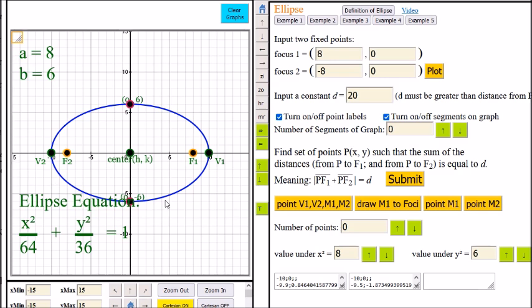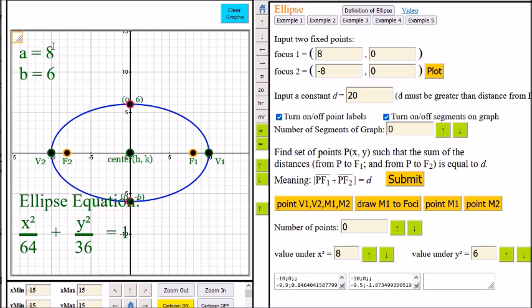And now let's go back to the ellipse that we just generated earlier. In this case, A is 8 and B is 6. So the equation for this ellipse would be x squared over a squared, which is 64, plus y squared over b squared, which is 36, equal to 1.